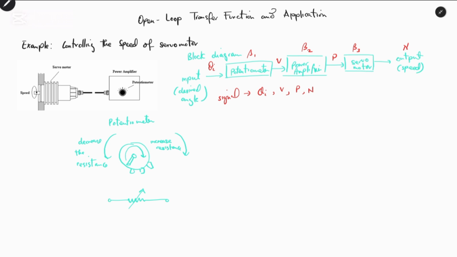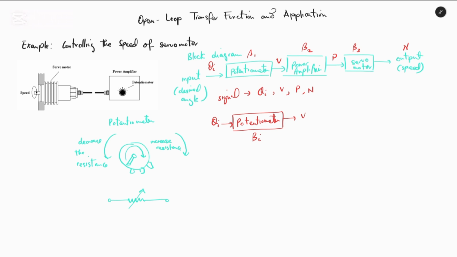Why do I say it is a system? Because if we apply an angle to the knob of the potentiometer, we have a voltage output, and we give the gain beta I, which represents the gain or the transfer function of a potentiometer.